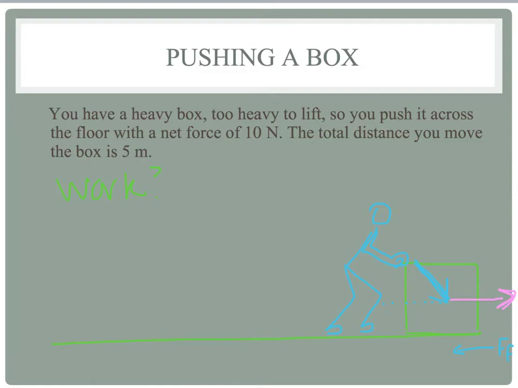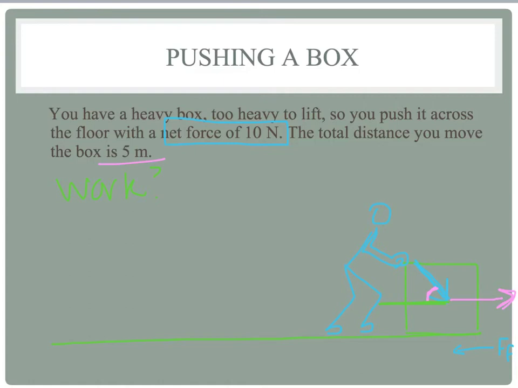Okay, so we're going to say the net force is 10 newtons, and that's what I said here in our example. So, we move the box a total distance of 5 meters. What is the work done? Well, we just want the component of work done in the same direction as displacement. So we're going to kind of draw a line here with the horizontal, which is our direction of displacement.